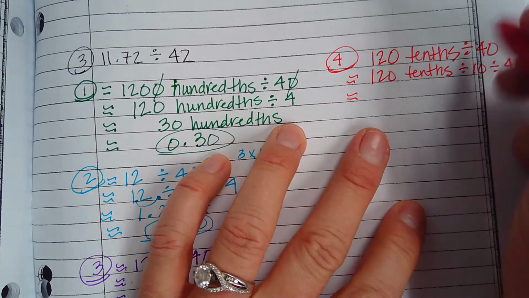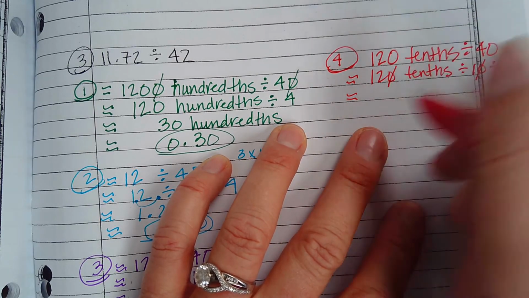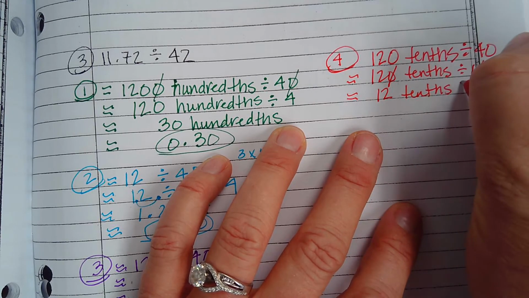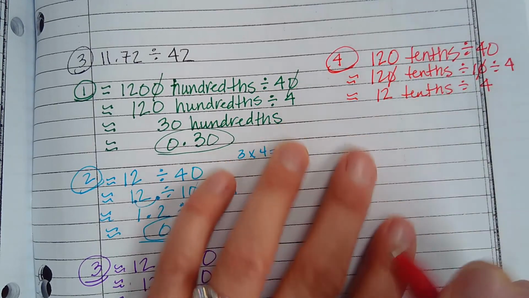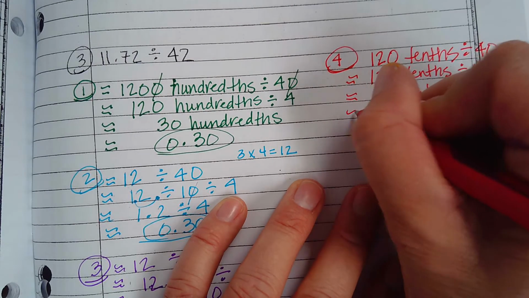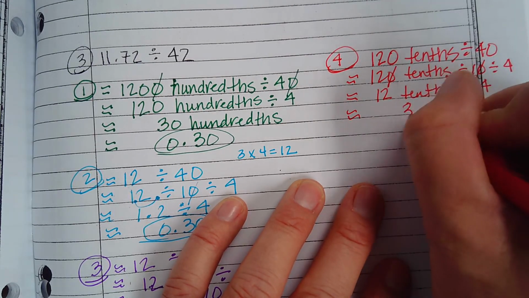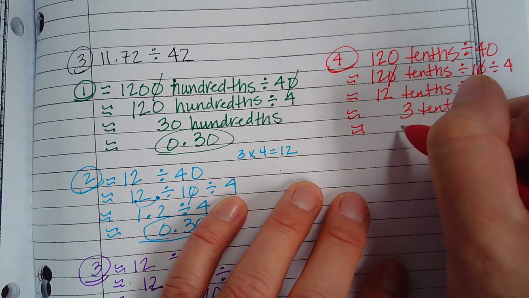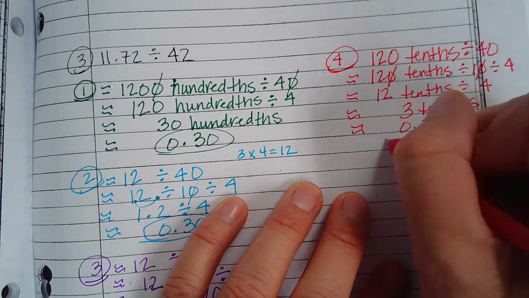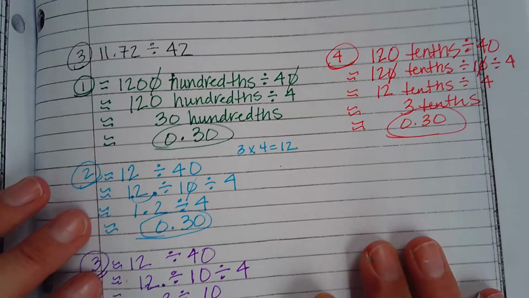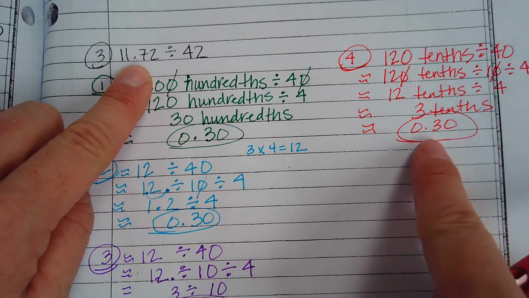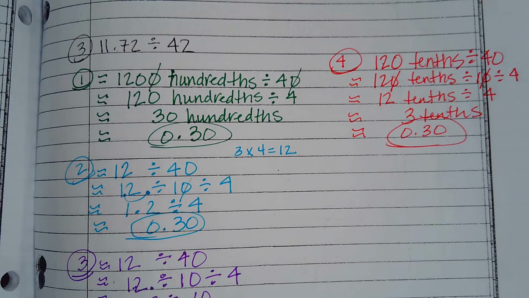Now, let's just get rid of this and end up with 12 tenths divided by 4, which equals 3 tenths. So I did the same exact problem 4 different ways and got the same answer.